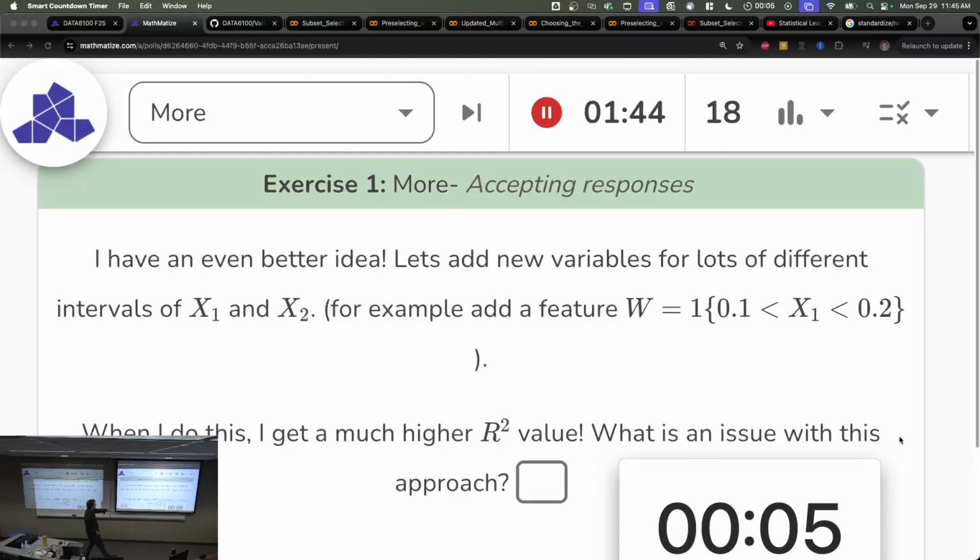Okay, last couple seconds, get in your final answer. Maybe it says, I don't know. That would be fine. What is the issue with adding this in?